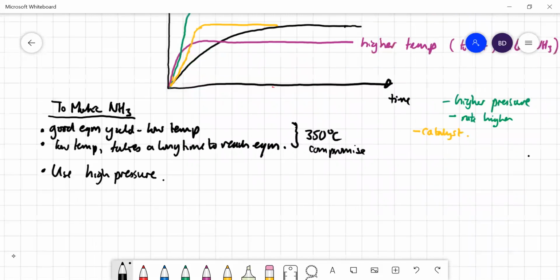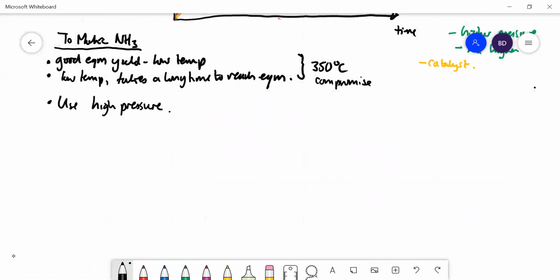Finally, just to finish, you'll see in a lot of books this little phrase called a closed system. So if you get any definition of Le Chatelier's principle, it will all say in a closed system. You don't need to write that down in an exam, but it would probably always say that.